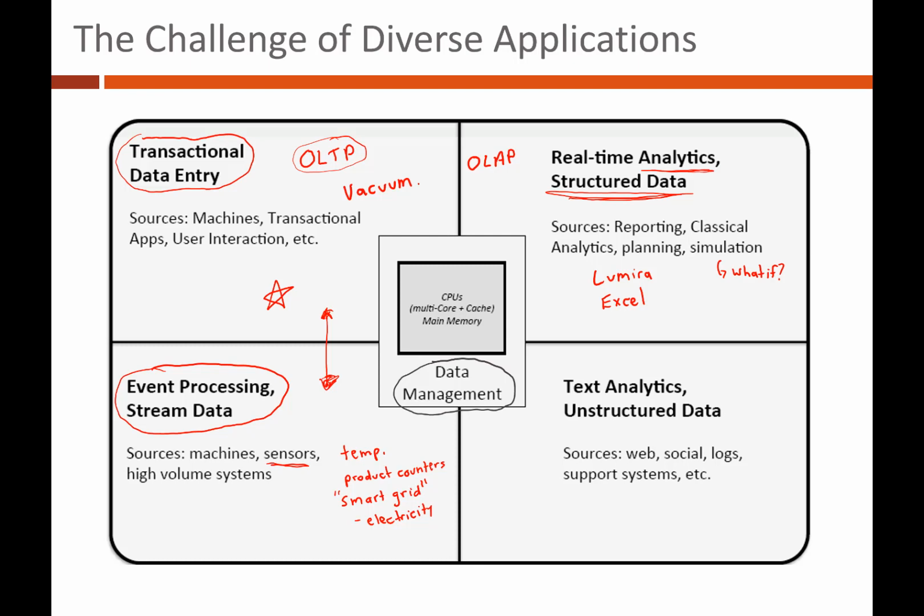Well, guess what? With a stream processing system, if we capture and store everything, we're going to run out of storage really, really quick. Because everything that we have hooked up that's giving us this stream data is really, really talkative. That thermostat on the wall might report the temperature every second.